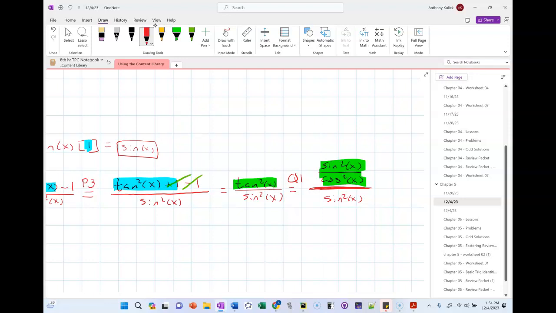And now you're thinking, Mr. Kulik, but you took a thing that wasn't a fraction and you made it into a fraction. It doesn't seem like it's getting simpler. Not at the moment. But what does writing it this way allow us to do? We're doing this together. Okay, you're on the right track.